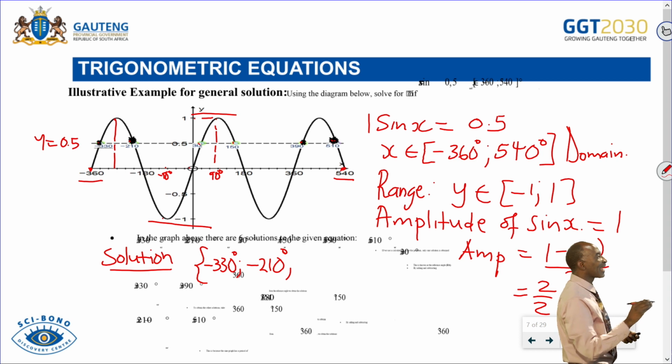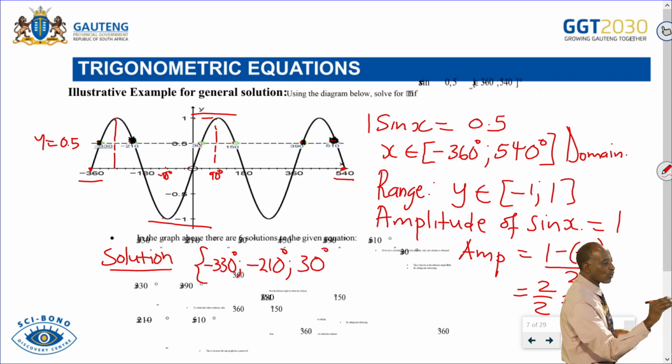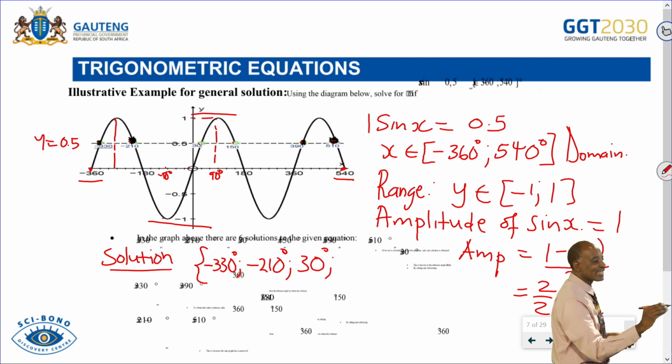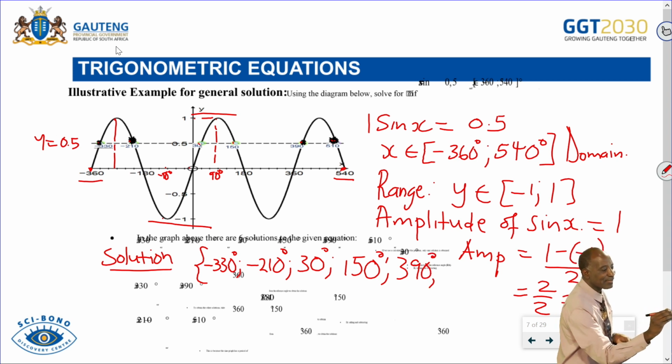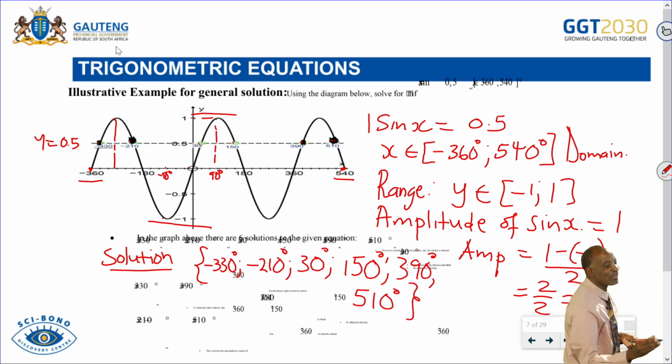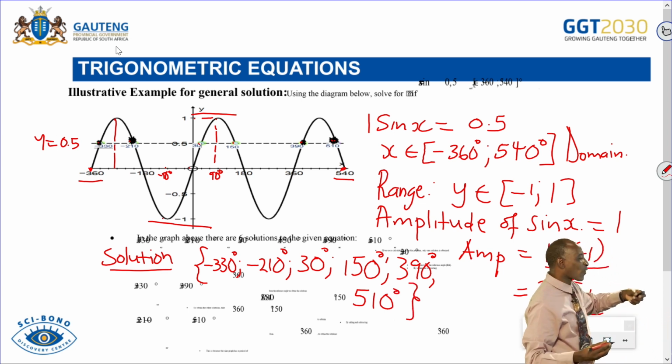They will meet again at 30 degrees. According to this graph, they will meet at 150 degrees. They will then meet at 390 degrees. They will continue and meet again at 510 degrees.